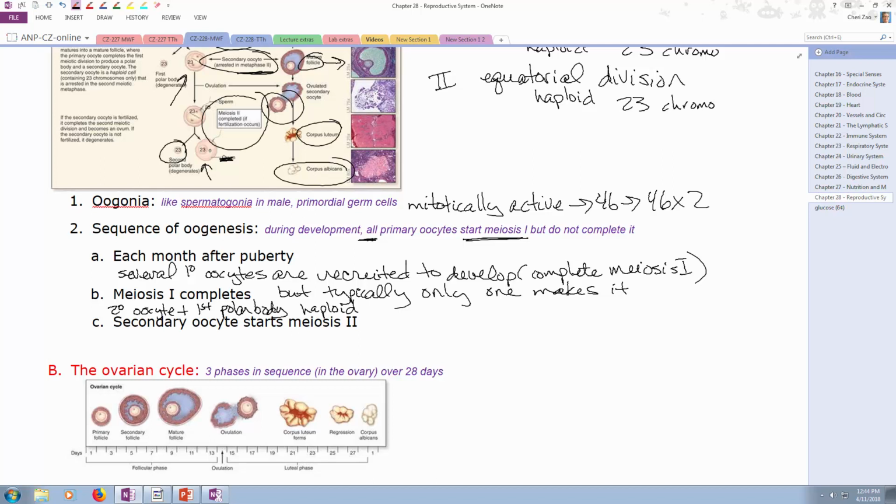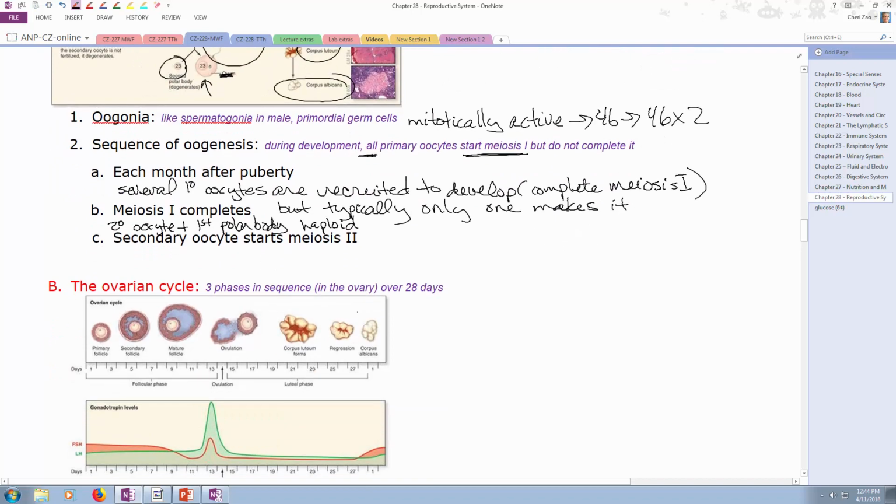When you hear the term secondary oocyte, remember, it's going into meiosis 2, and it will also get arrested in meiosis 2, and will only complete meiosis 2 if fertilized.